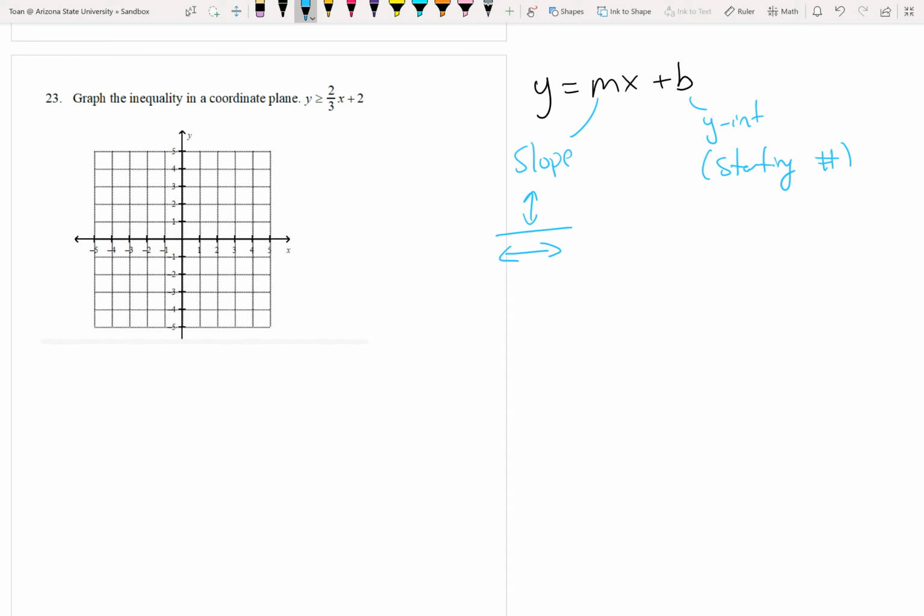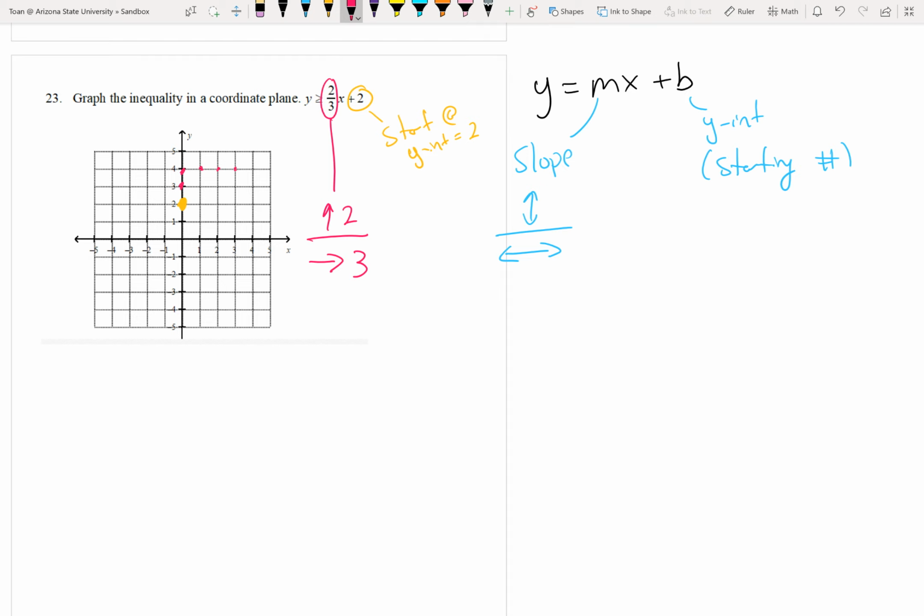So hopefully in this case we can see that we start at the y-intercept of 2. So there we go. And a slope of 2/3 tells us to go up 2 and right 3. So from our starting point of 2, you just go up 2, 1, 2, right 3, 1, 2, 3.